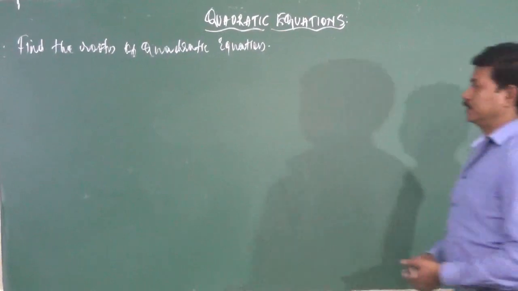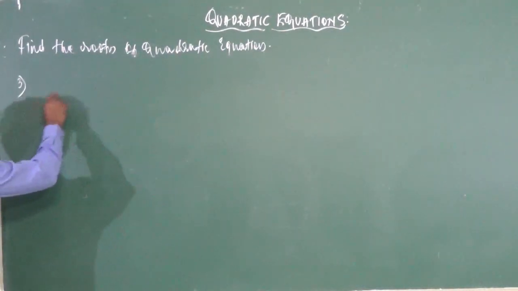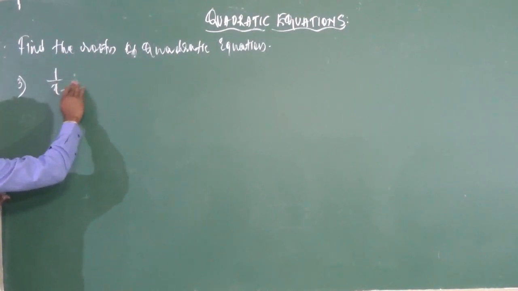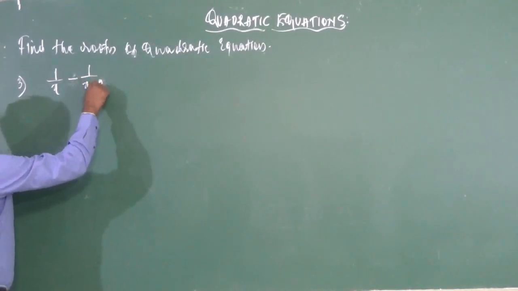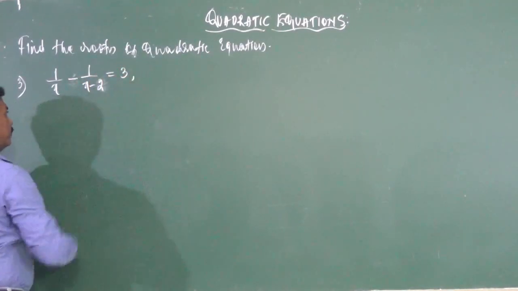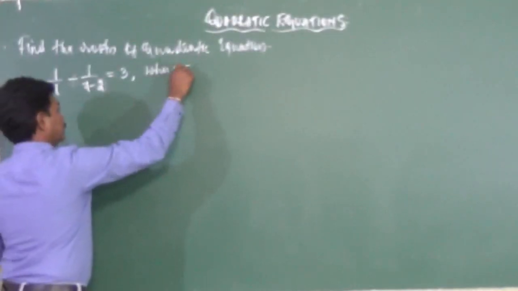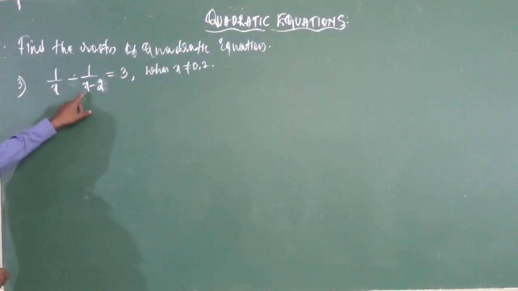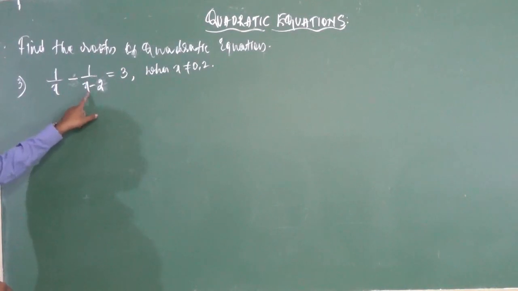Okay. Let us get into the third problem. 1 by x minus 1 by x minus 2 is equal to 3, where x is not equal to 0, 2. If x is equal to 0, then it is meaningless, and if it is 2, then also it is meaningless.